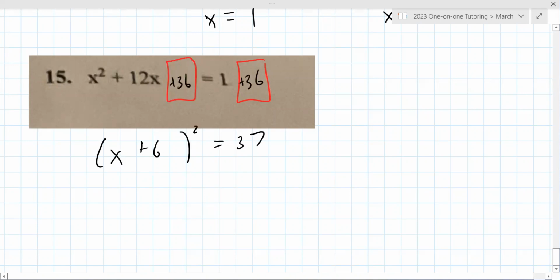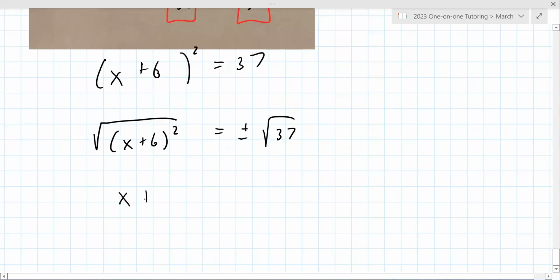So the right side is no longer like a... you can't take a perfect square root of those numbers. So take the square root of both sides, x plus 6 squared, plus or minus the square root of 37. So it becomes x plus 6 equals plus or minus the square root of 37. Unless you can break it apart and it becomes a perfect square root, you just leave it.